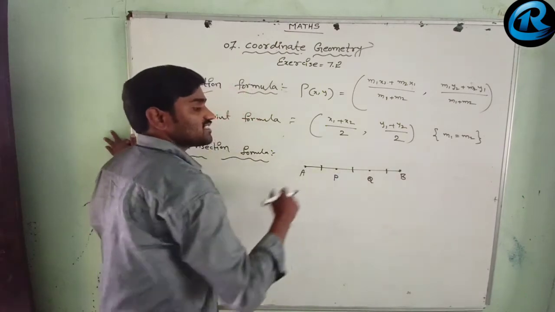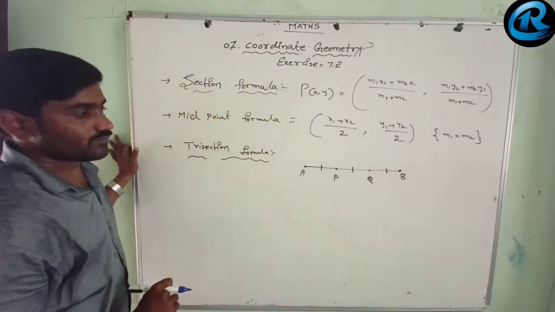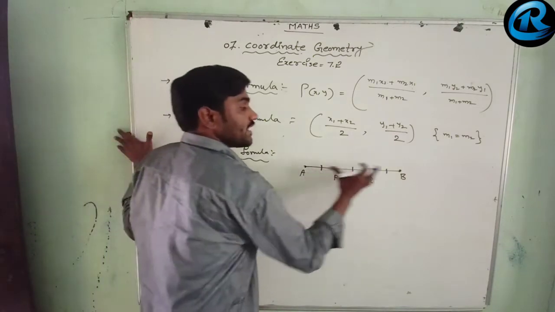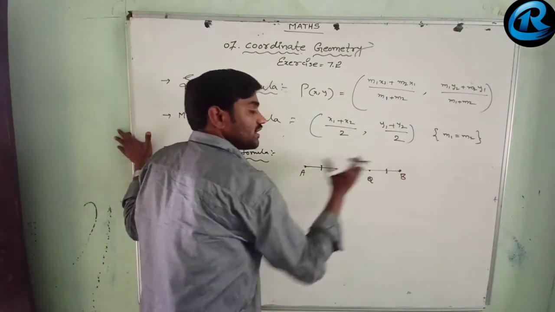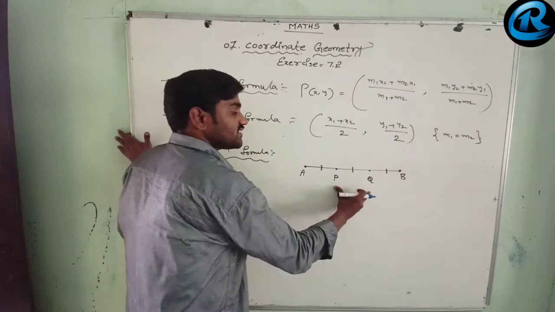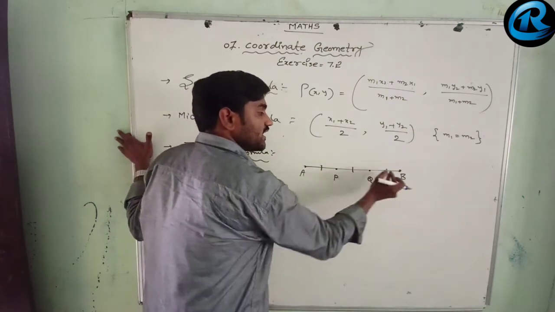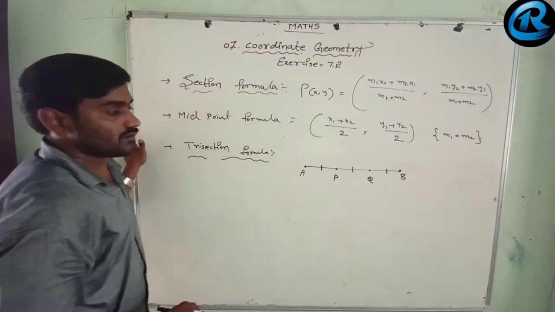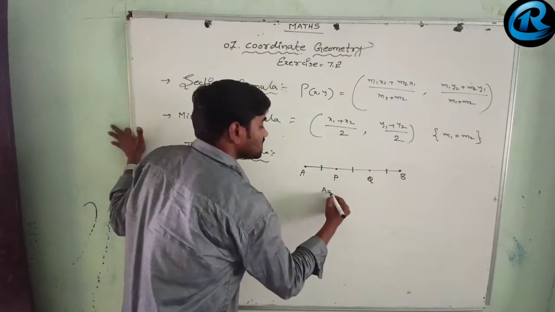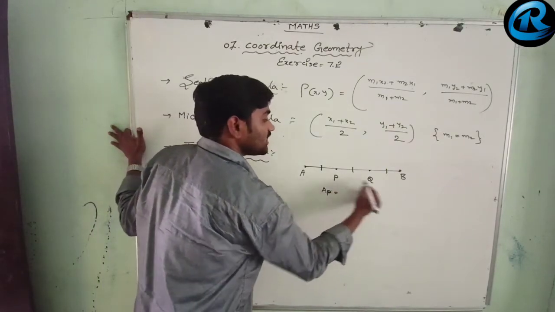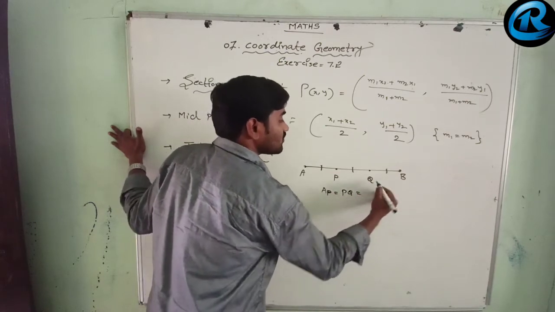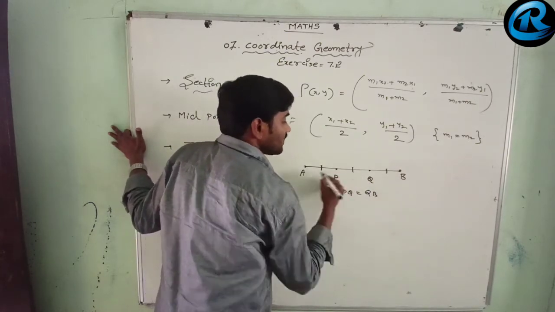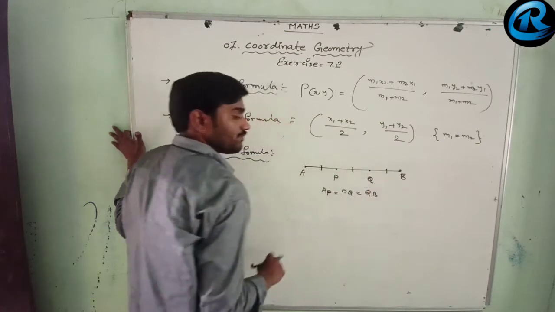Then these 2 points are called trisectional points. The points which divide the given line segment into 3 equal parts are known as the trisectional points. In the trisectional points, the distance AP is equal to the distance PQ, which is equal to the distance QB. All these distances will be equal.